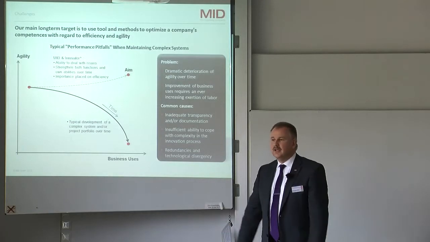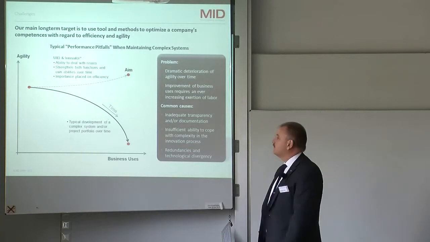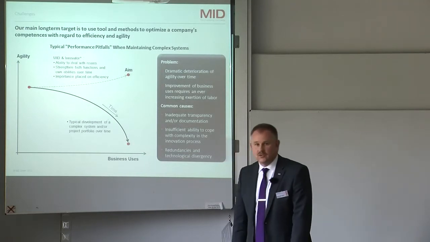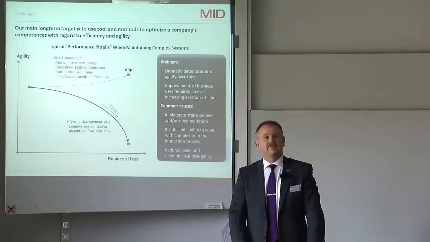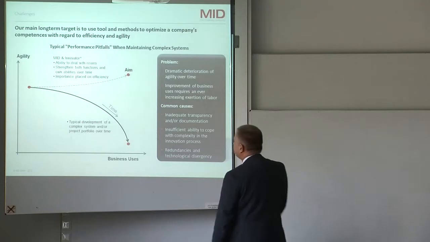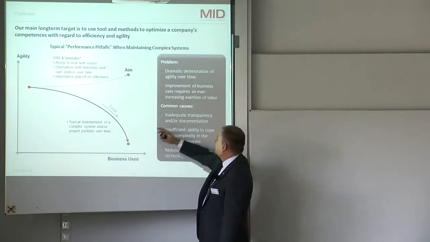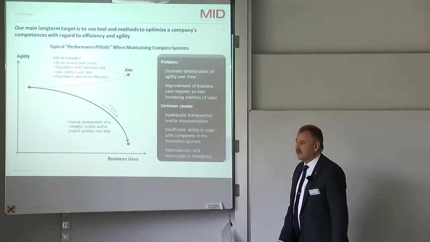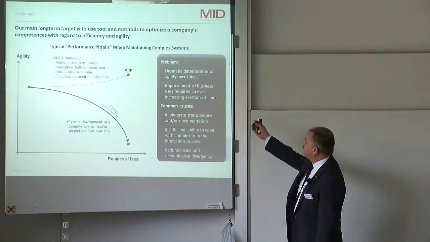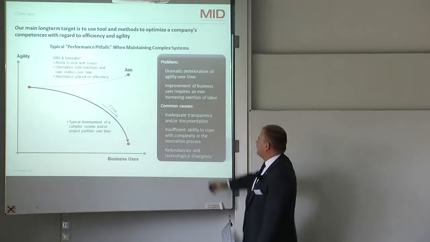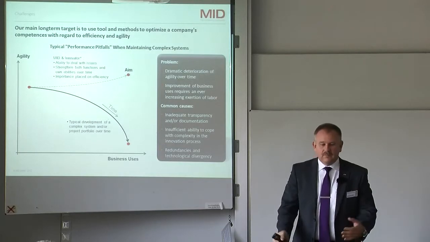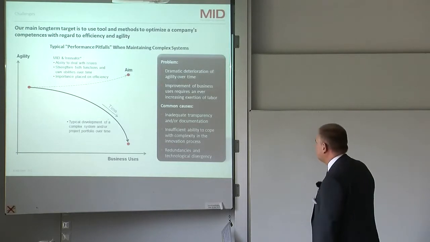You do not have a huge number of employees to include in a change process. So you're very fast, and over time your agility goes down because of a lack of transparency, a lack of documentation, and some insufficient ability of moving to new targets, moving to new aims.